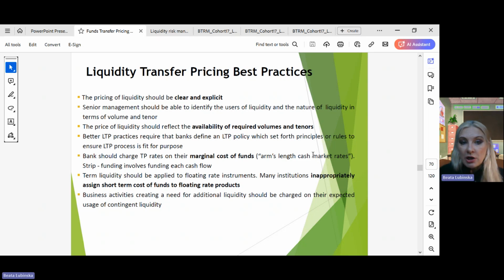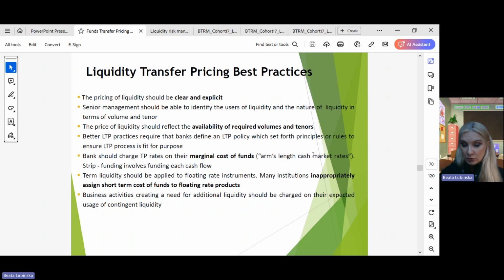Banks should charge term premium rates on the marginal cost of funds. Okay, so this is again an important point, which I already anticipate here, but will be covered very well during the FTP curve construct. FTP is working on the marginality basis.